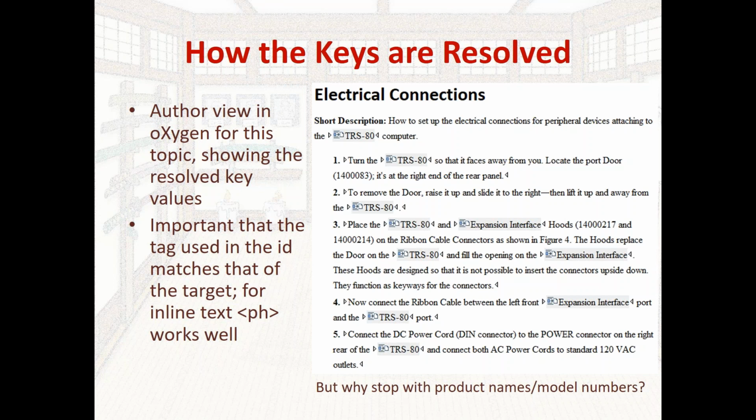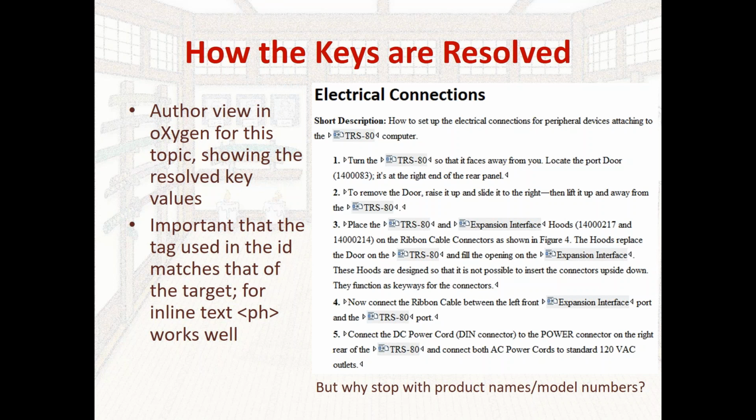By the way, note that it's important that the tag used in the ID matches that of the target. For inline text, the phrase element works really well, and this is what's typically used. You could also use term, for example, though term usually by default in most processing will render the content in italics. That can be changed, but it's up to you how you want to do that.